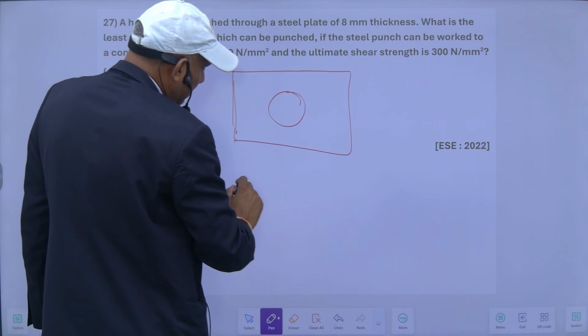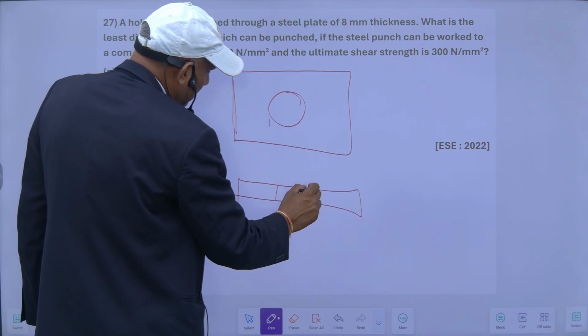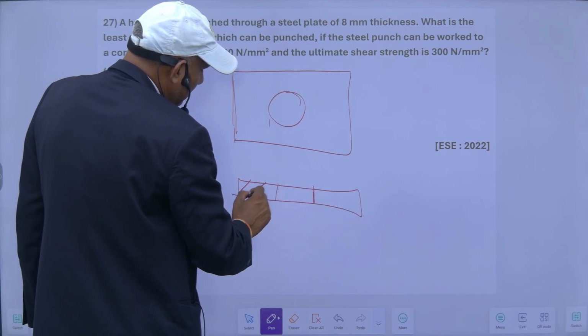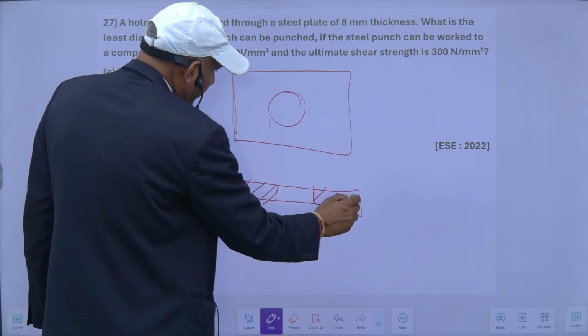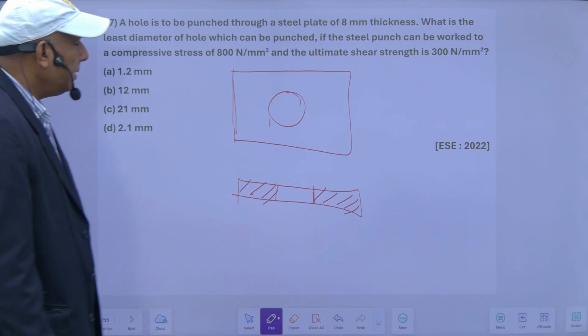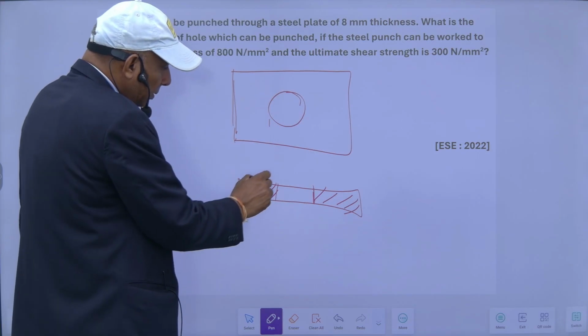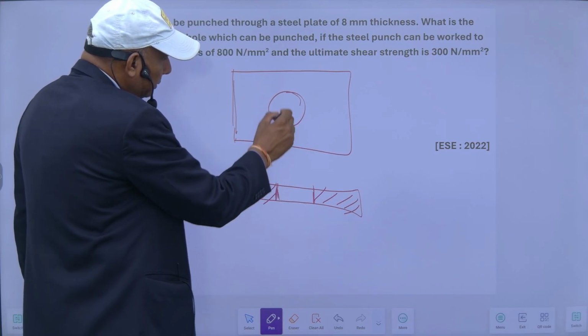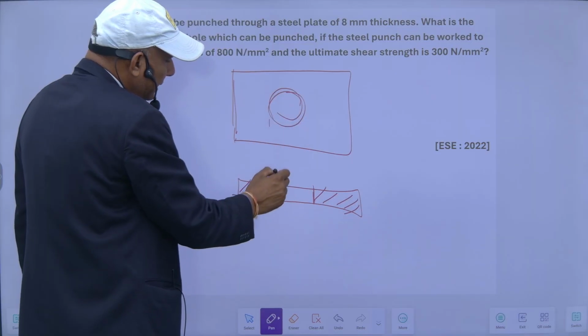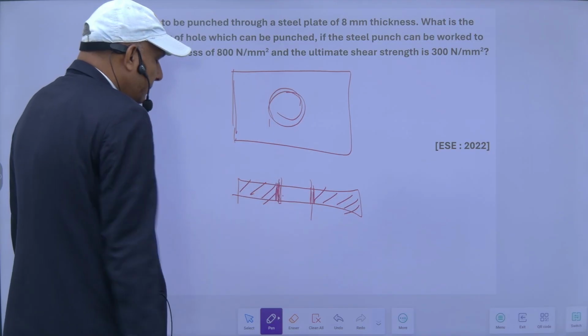So its cross section will be like this. So punching, so in the periphery there will be shear stresses developed here.